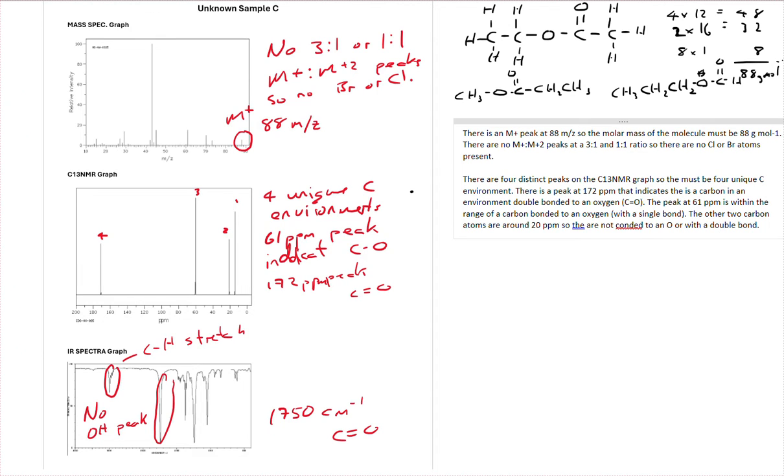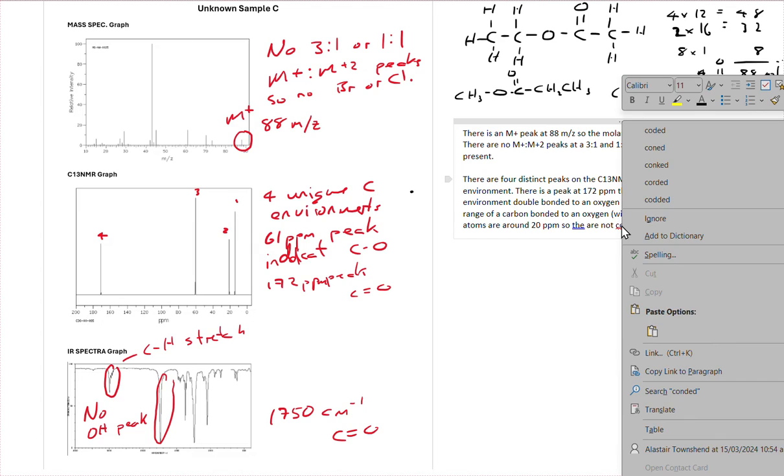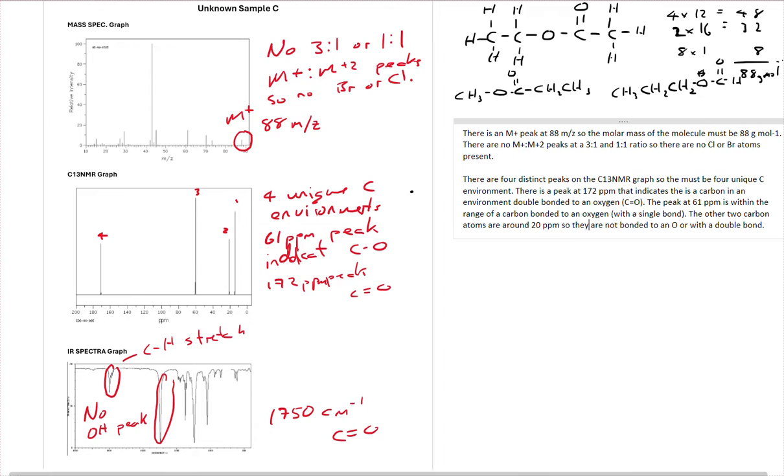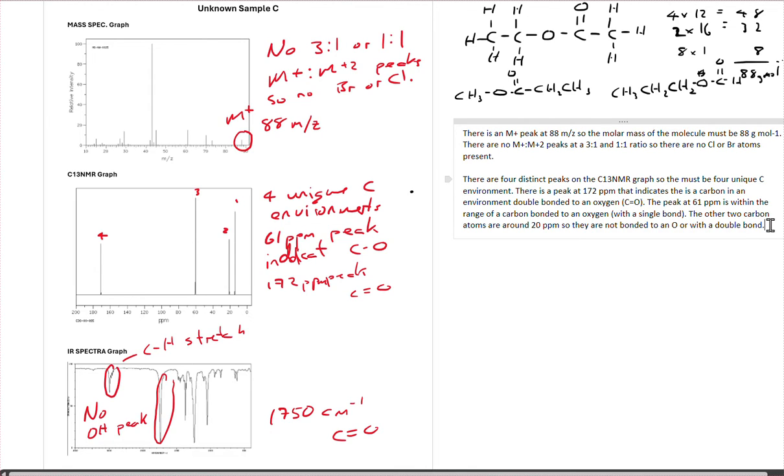So what I'm saying here is they aren't going to have a bond to an oxygen or a double bond oxygen, and they're also not going to have a carbon-carbon double bond. Okay, cool. So that was the second graph.